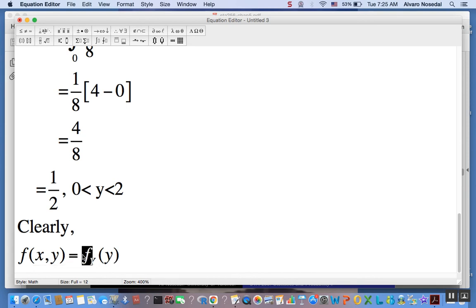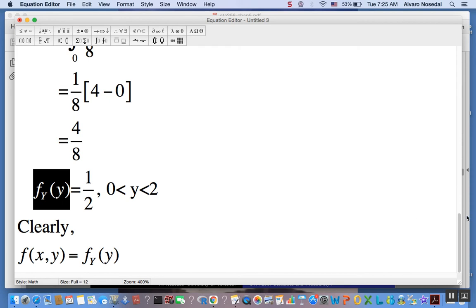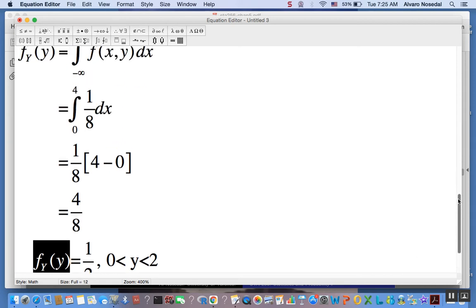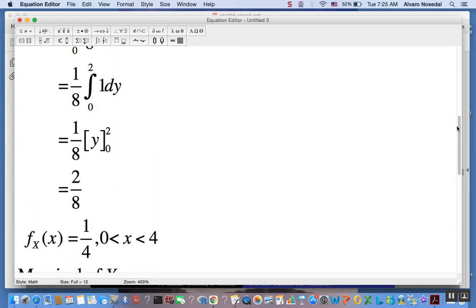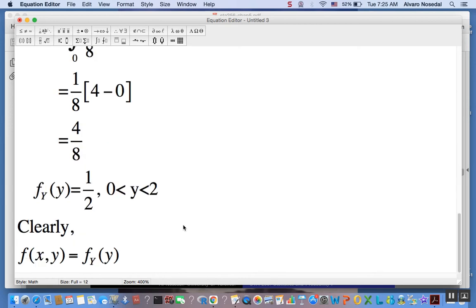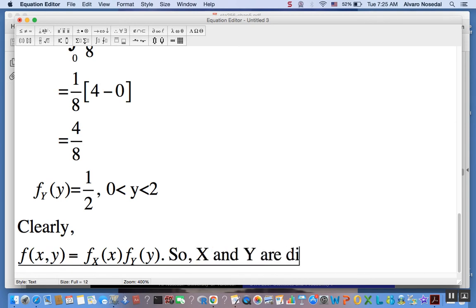And let me copy paste this one here. That's better. Okay, so since the joint equals the product of the marginals, x and y are independent. So x and y are independent. Okay.